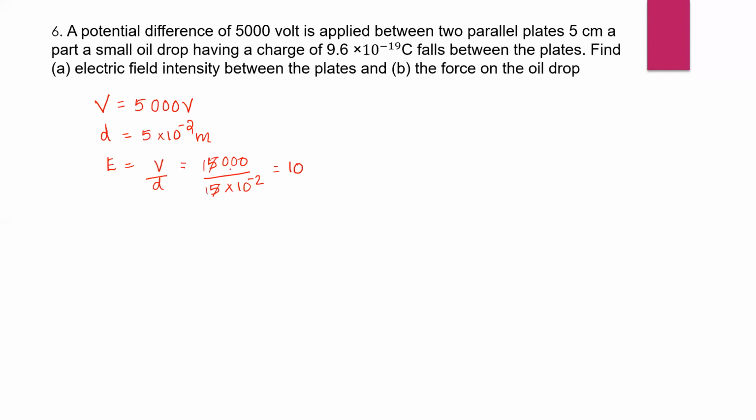Already 1000 is there in the numerator. We can write in power of 10 as 10 raised to 3 into 10 raised to 2. That is equal to 10 raised to 5 Newton per coulomb. This is the electric field intensity.